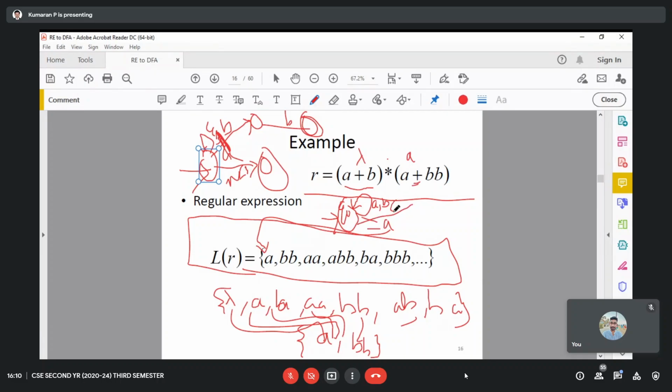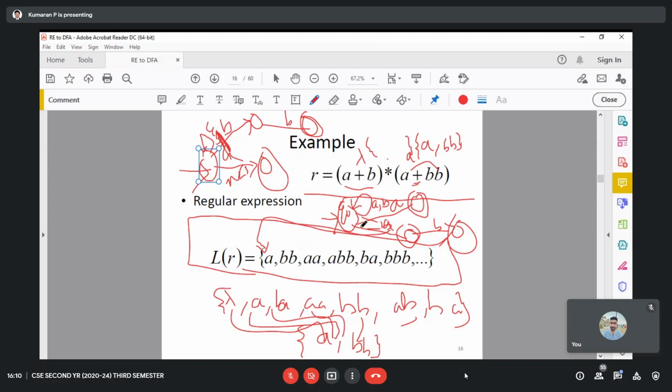After reading this, either reading A, I will go to the final state, or reading B followed by another B, I will go to the final state. Anyhow, these two have only one option, A or BB. That's all. So that will perform the concatenation operation with any combination of AB.